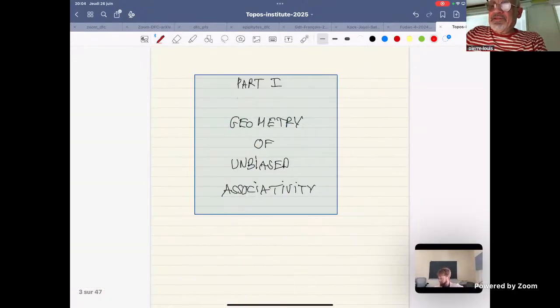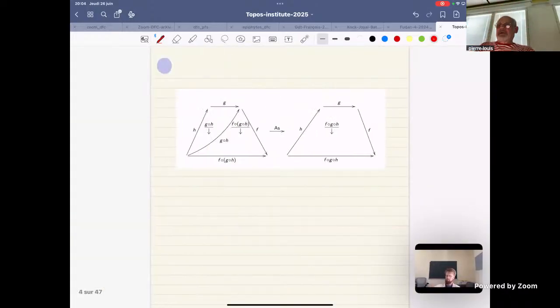So, geometry of unbiased associativity. I hope these pictures will be somehow self-explanatory. Suppose I'm given a number of composable functions, like shown here on the right of the picture: f, g, h.